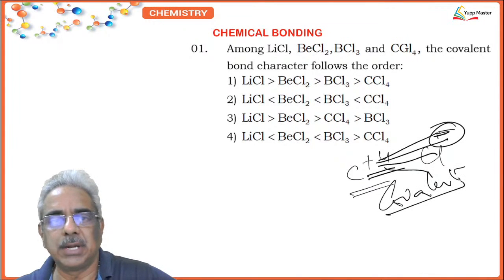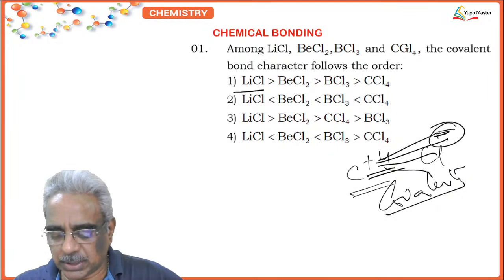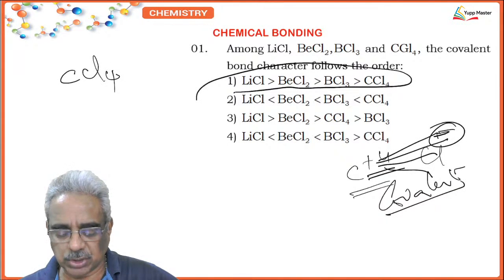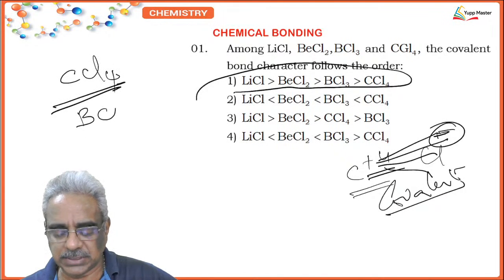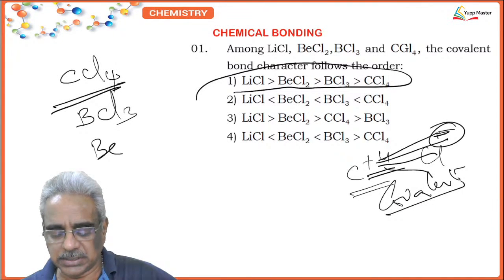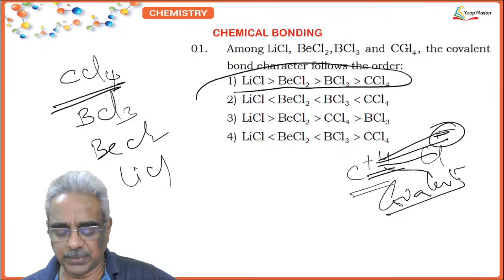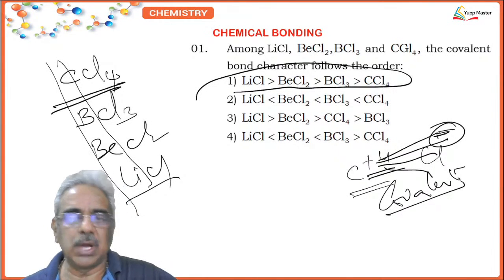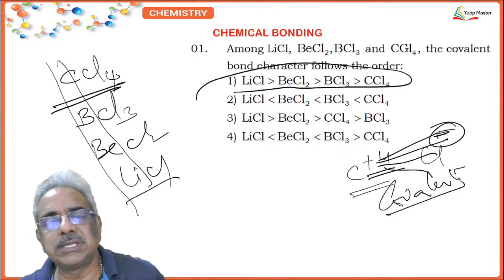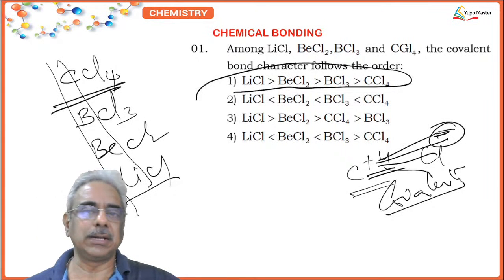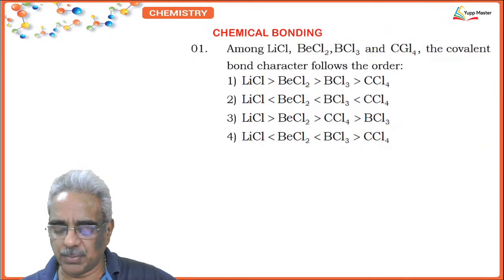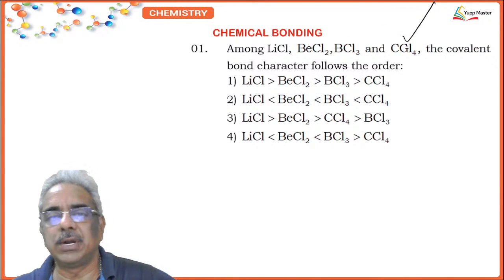So in this particular row, what you can conclude, CCl4 is the best covalent compound, second best is BCl3, and then comes BeCl2, then comes lithium chloride. As the size decreases from lithium to carbon, as the charge increases, polarizing power increases. As the polarizing power increases, covalent character increases.